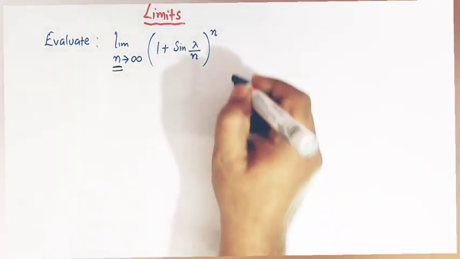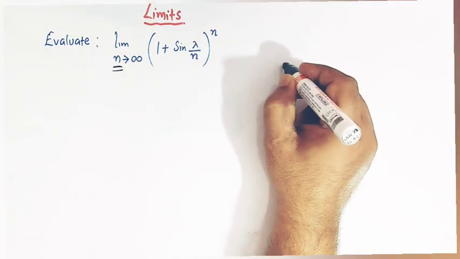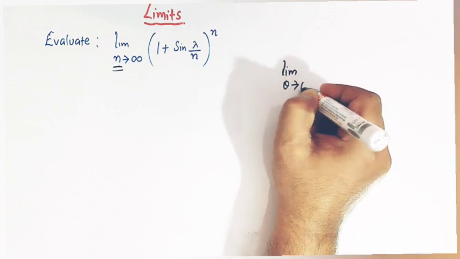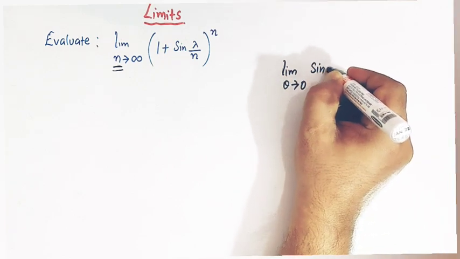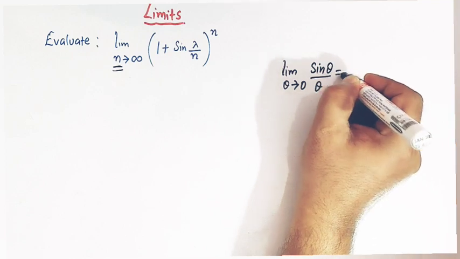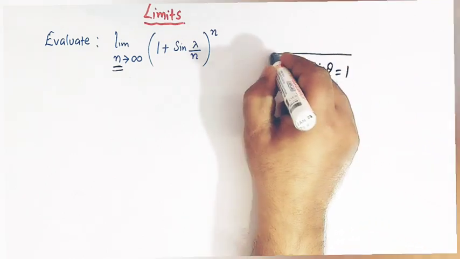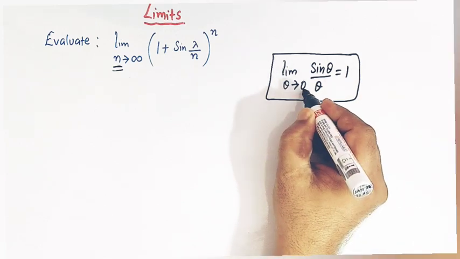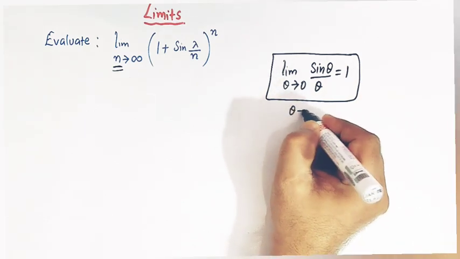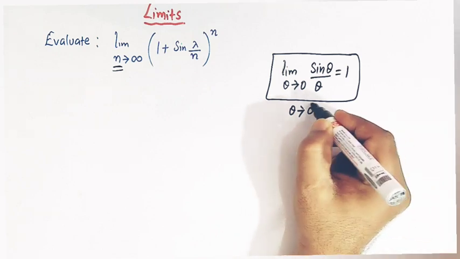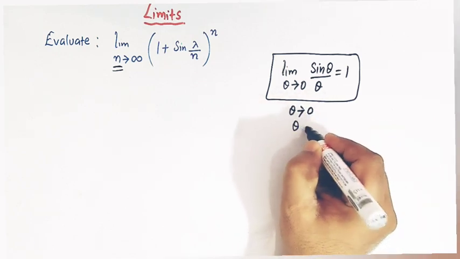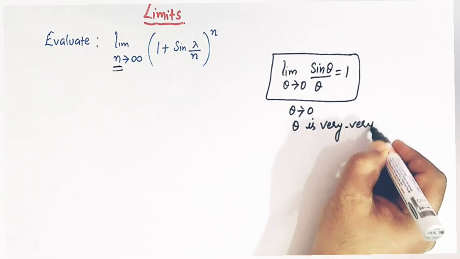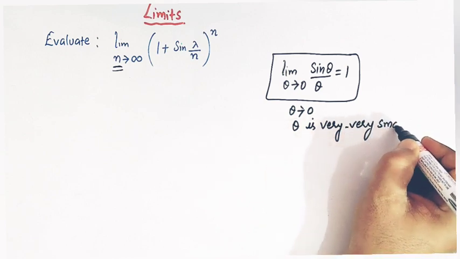Now see, from trigonometry, we know that the limit as theta tends to 0 of sine theta over theta is equal to 1. This is a very important limit. Here theta tends to 0, which suggests that theta is very small.